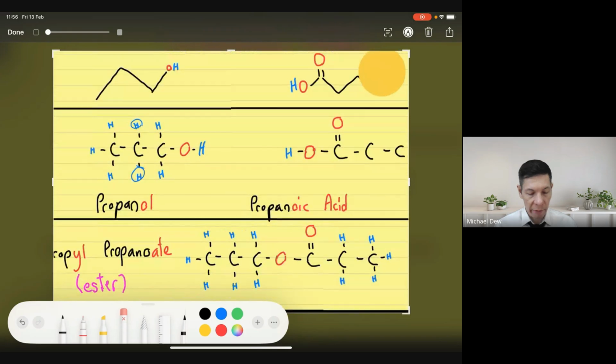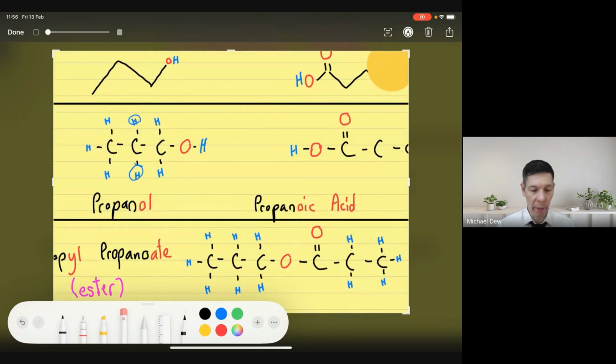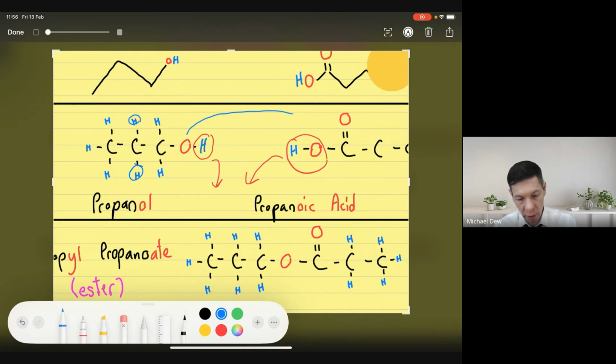Let's take a look here at the chemical structure display, which might make it a little easier. Again, this H, let's put it in red, will come out, and this OH will come out as well. What happens is this oxygen will connect to that carbon and make a covalent bond, not an ionic bond, because oxygen and carbon are nonmetals, so they're going to be sharing electrons.